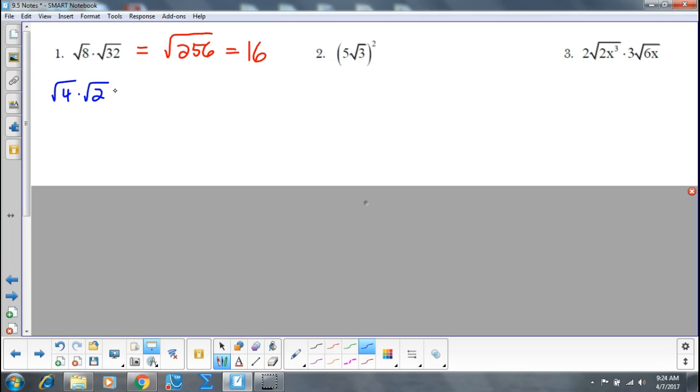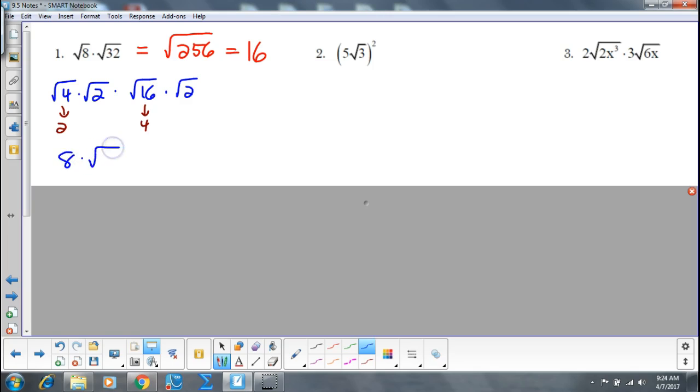Even bigger. 16 and 2, right? So then this becomes the square root of 16 times the square root of 2. So what's the square root of 4? That's 2. What's the square root of 16? That's 4.